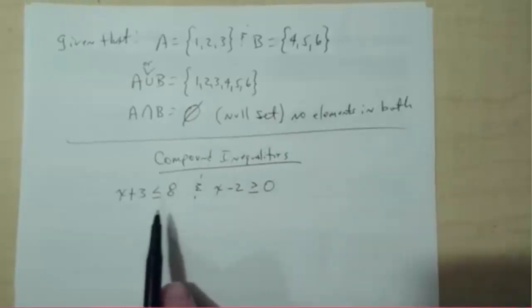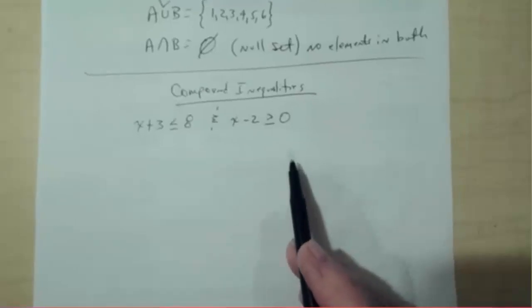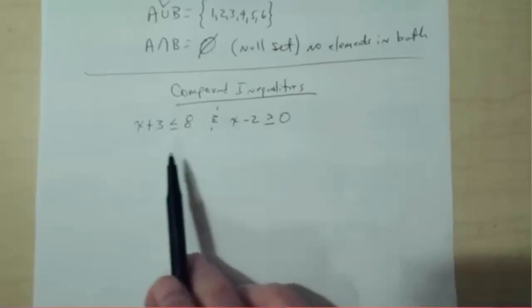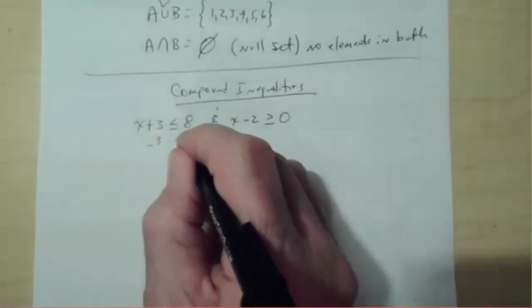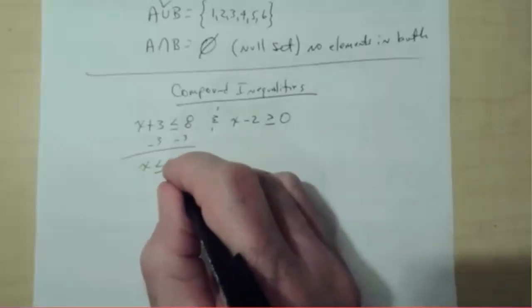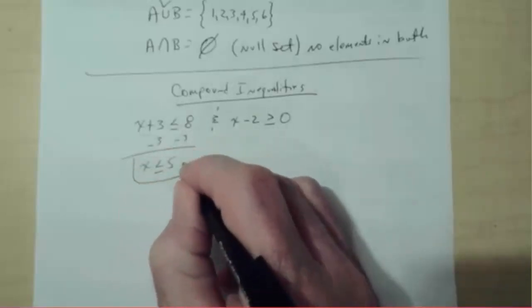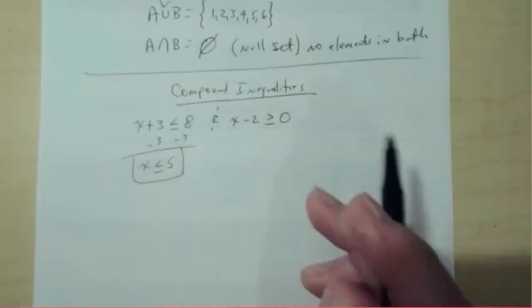First of all, we're going to solve these. I know this looks like a bunch of misery here, but it's really very simple. It's what numbers are in all of this. So we're going to subtract 3 from each side. So x is less than or equal to 5. Now we didn't multiply or divide by a negative number here, so our sign does not flip.